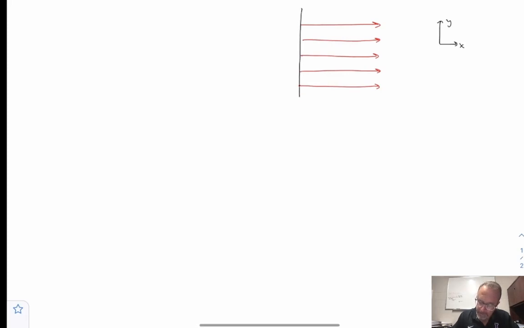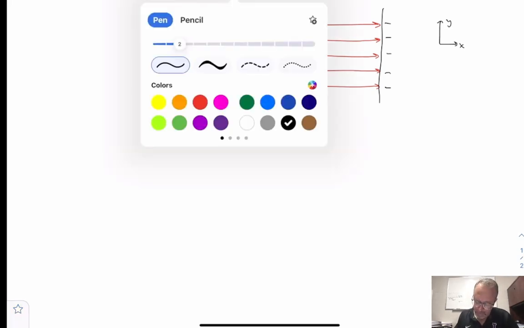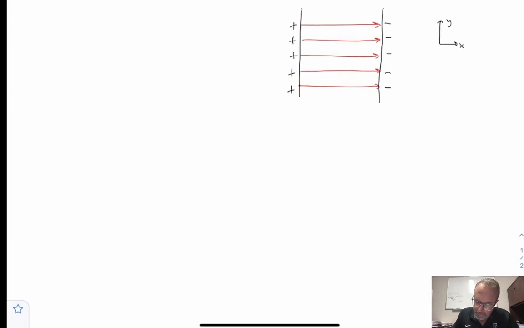And this electric field here could have been created by a parallel plate capacitor with equal and opposite charges on either side. And what we want to do is insert into this electric field here a positive charge Q. Now when we do that, that electric charge is going to experience an electric force.